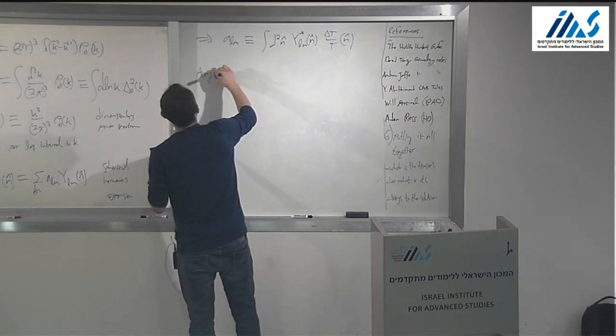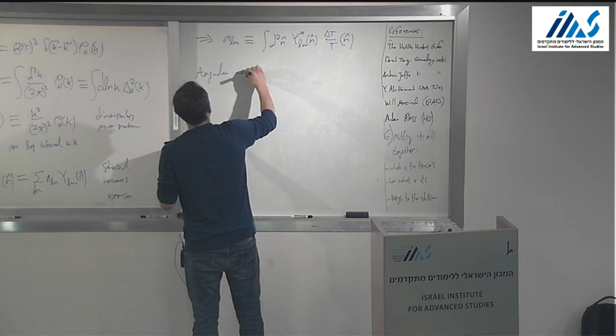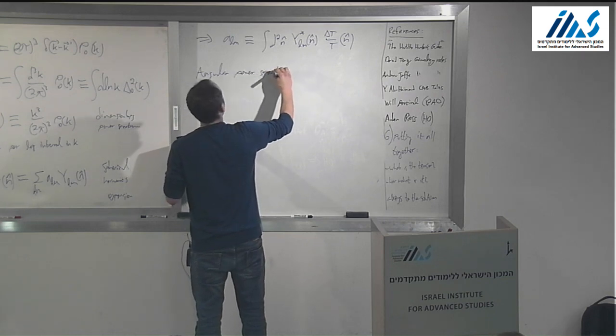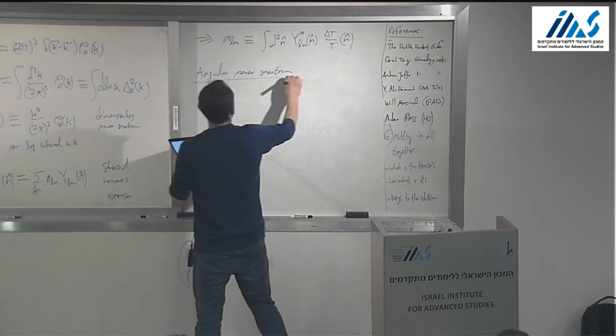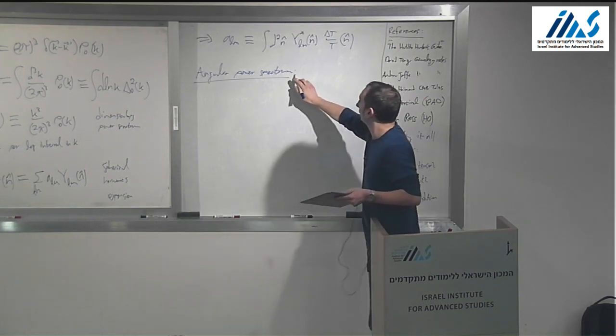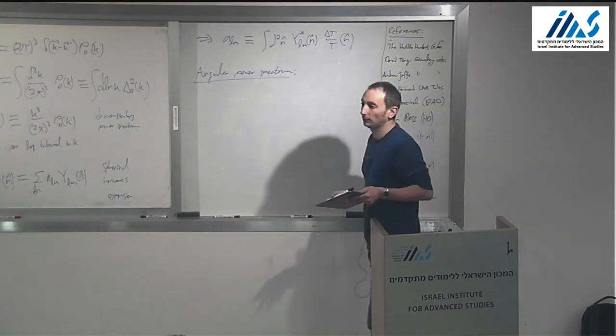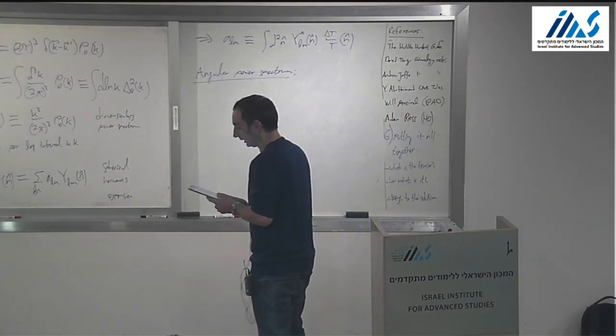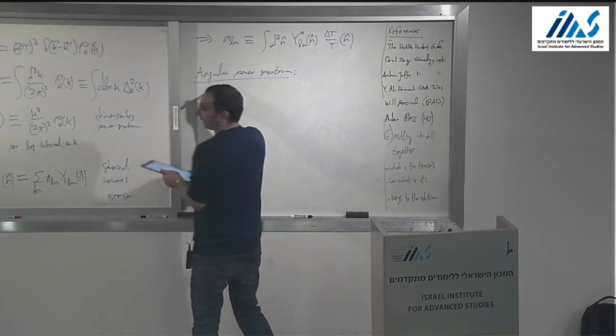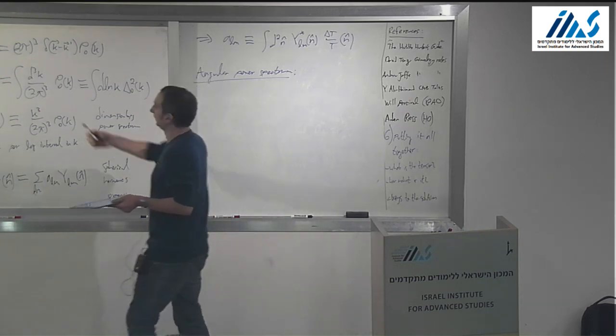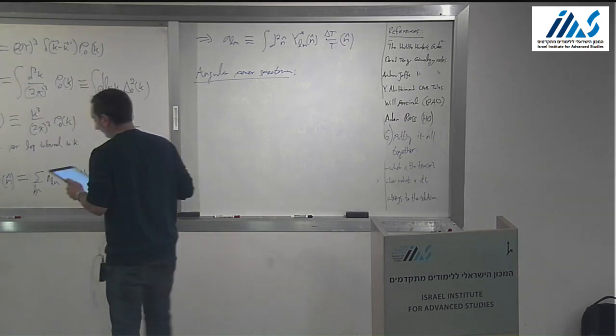And now I can define an angular power spectrum. Again, the statistic that is useful is always the two-point function because it's always Gaussian perturbations that we're looking at. But here we have a 2D sphere and not some 3D space like we have here.